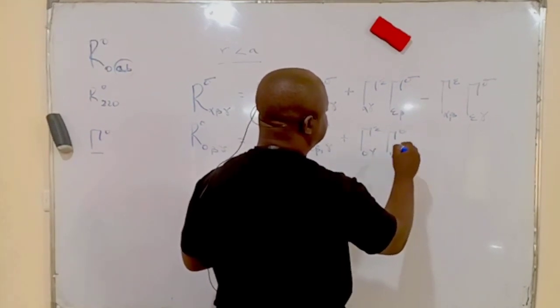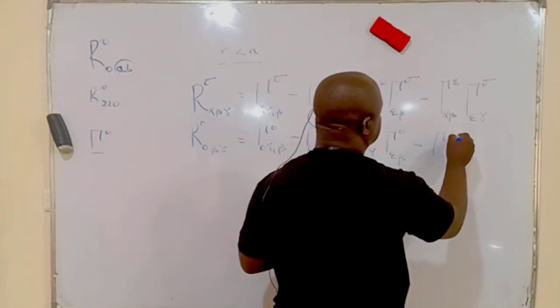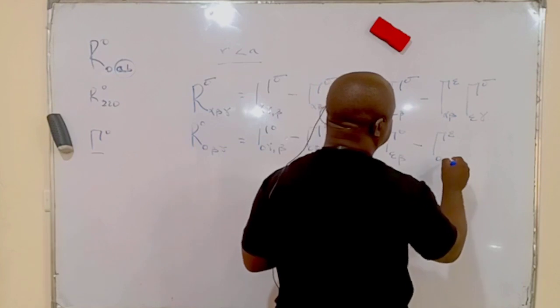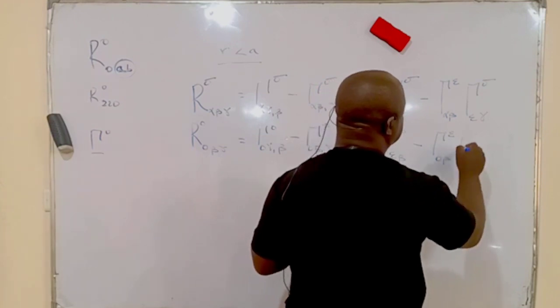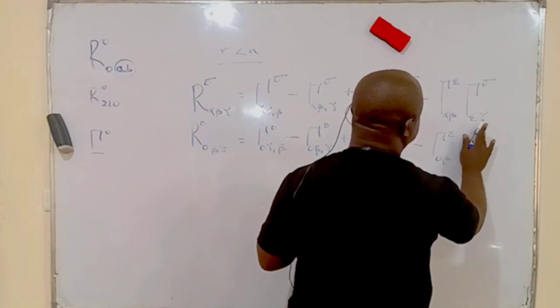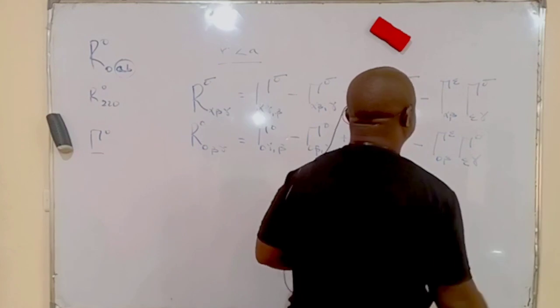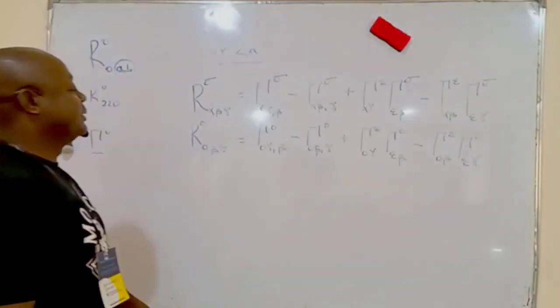Epsilon, beta. Then minus epsilon, our alpha is 0. Beta. Then we have 0. Epsilon, gamma. So this is what we are going to have.